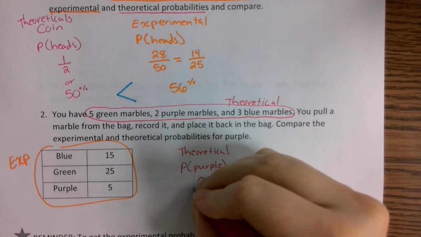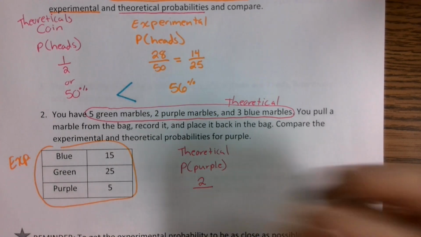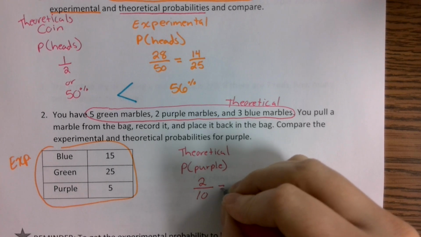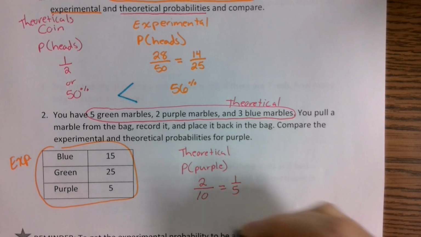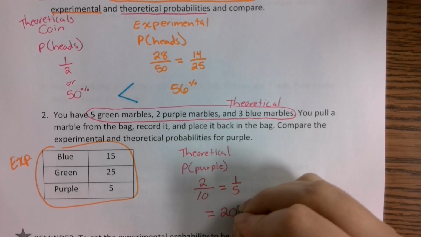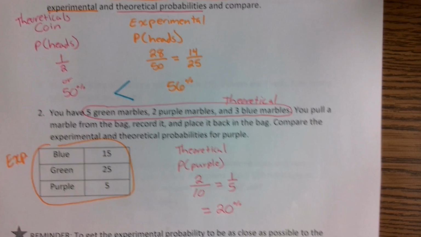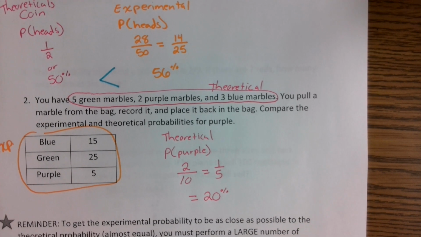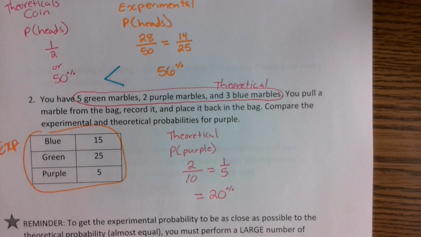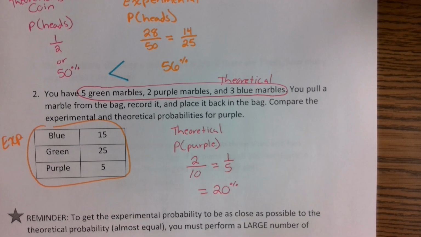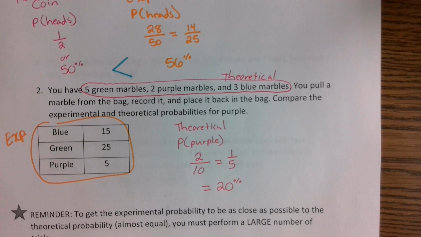Out of how many total marbles that are in the bag? 10. 2 over 10, which simplifies to 1/5, which is equal to 20%. Okay, that's theoretically. If I just have this bag, I know that there are 2 purple marbles out of 10 marbles in the bag. That's how theoretical probability works. What do you have out of how much stuff you have?